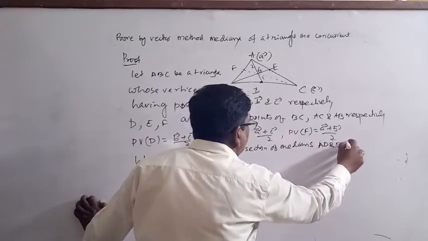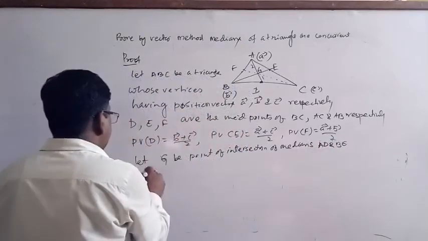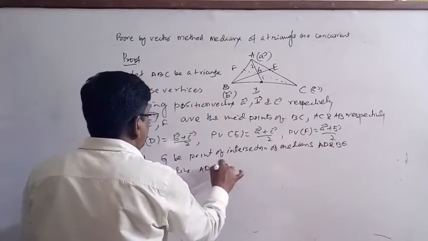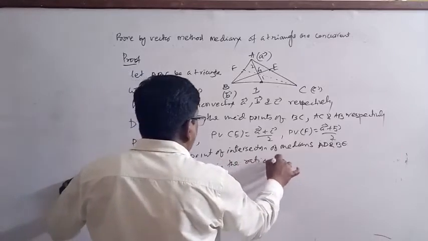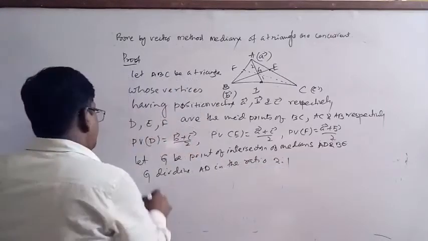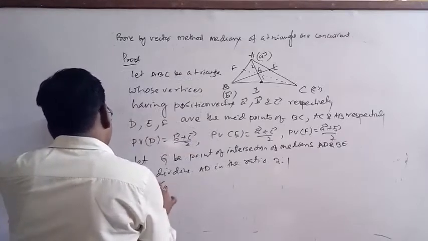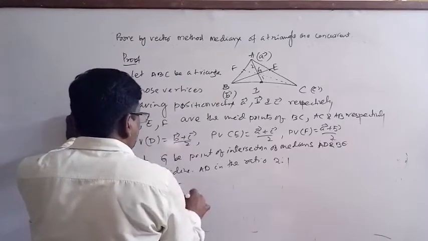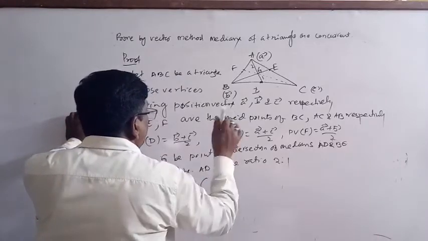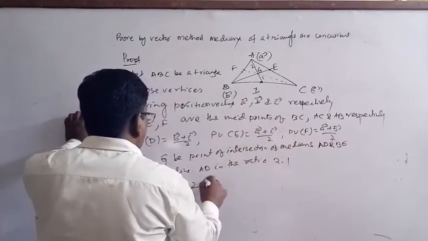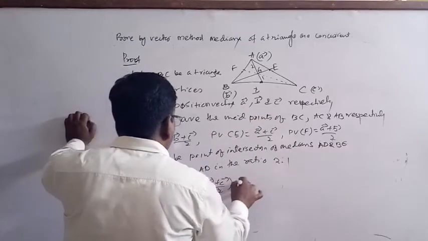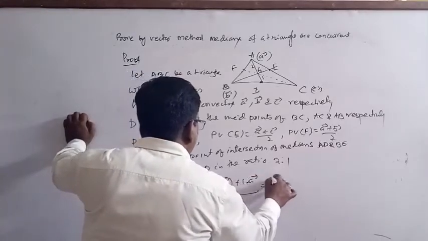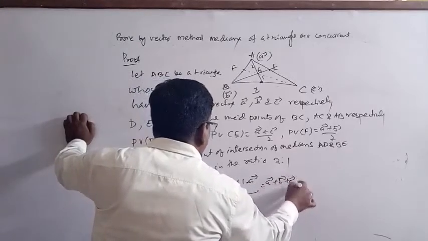So G divides AD in the ratio 2:1. Now the position vector of G is equal to 2 into the position vector of D, which is B plus C by 2, plus 1 into A, divided by 2 plus 1. So this is equal to A plus B plus C by 3.